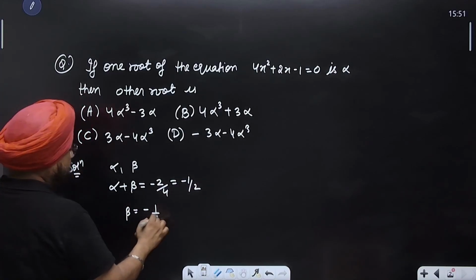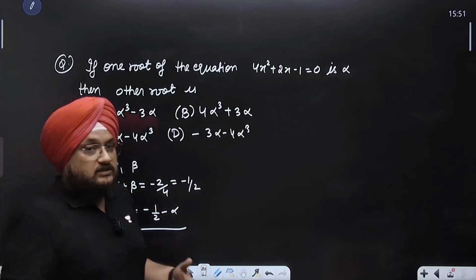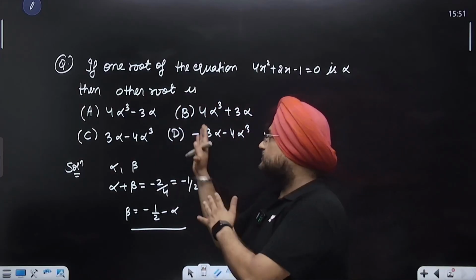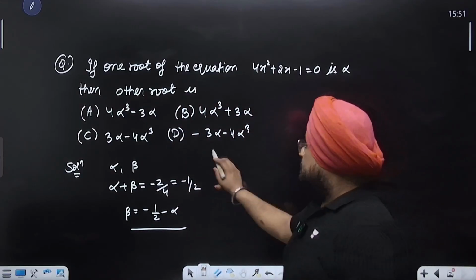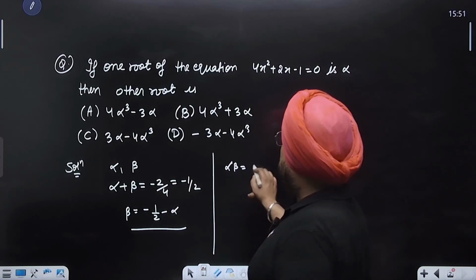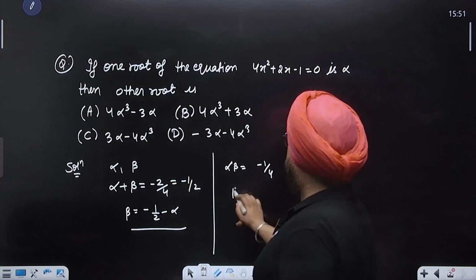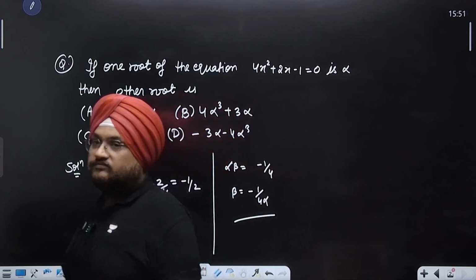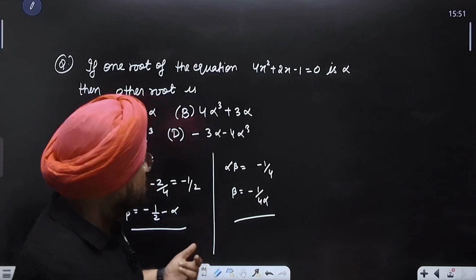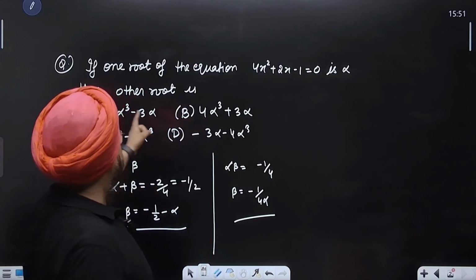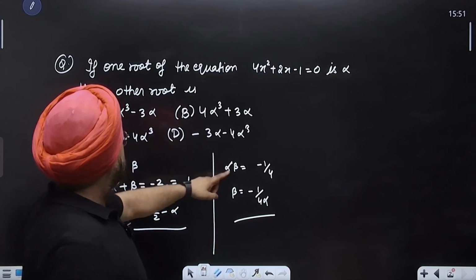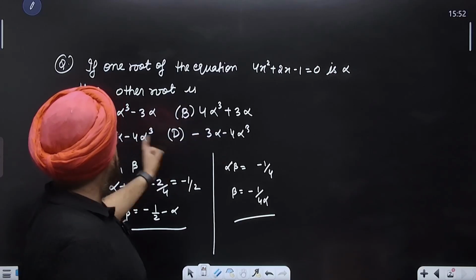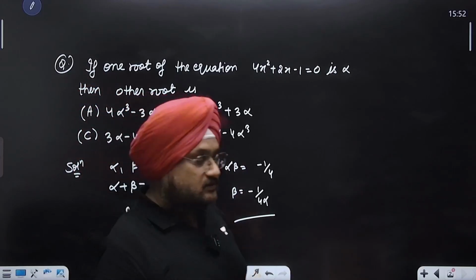So the other root must be minus 1 by 2 minus alpha, but it is not given in any of the options. Another way, the product of roots is minus 1 by 4, so beta is minus 1 by 4 alpha. This also is not given in any of the options. So we can see that in each of the options, the term alpha cube is there: 4 alpha cube minus 3 alpha, 3 alpha minus 4 alpha cube, and so on.